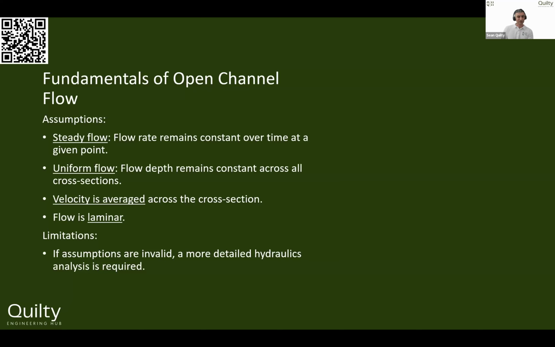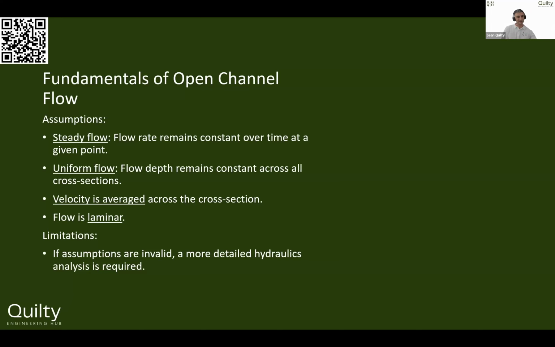We assume that it's uniform flow, which means that flow depth remains constant across those cross sections. So if it's one section of a drain that you're looking at, maybe a drainage reserve in between a few lots in a subdivision, as long as the slope doesn't change, we're assuming that flow depth is going to remain constant.